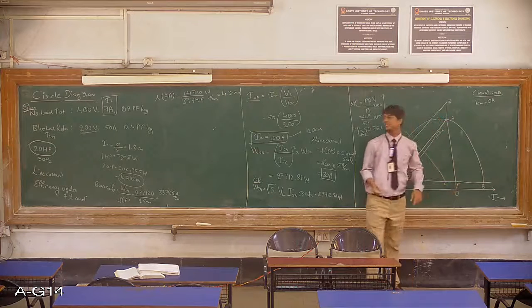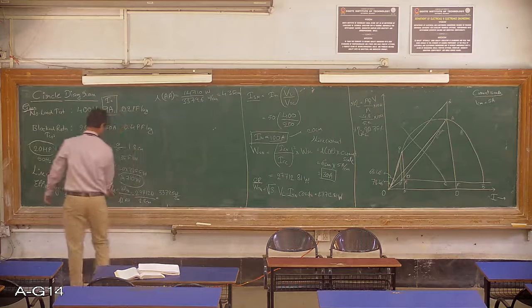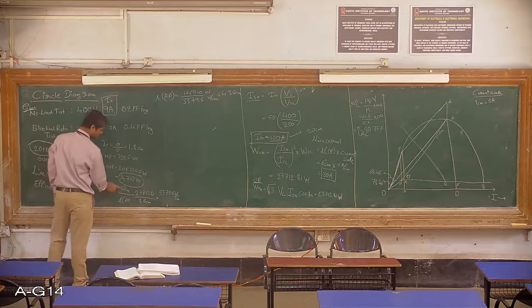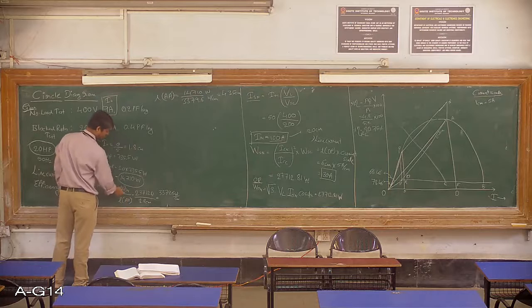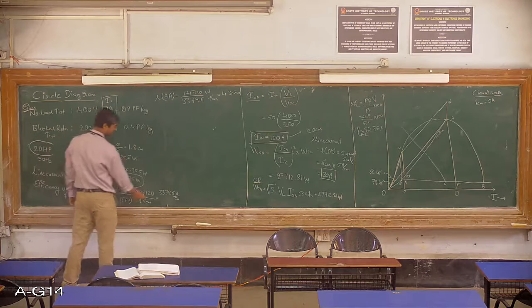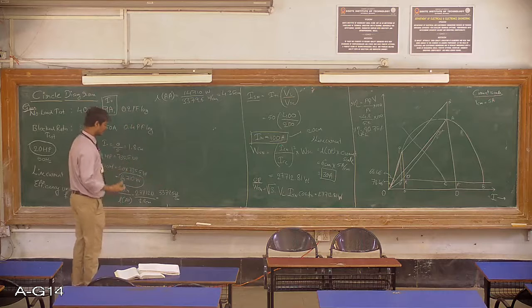So we can easily calculate the power scale. Power scale is WSN divided by length of AD. If I do that, I'll get the power scale as 3,379.6 watts per centimeter.